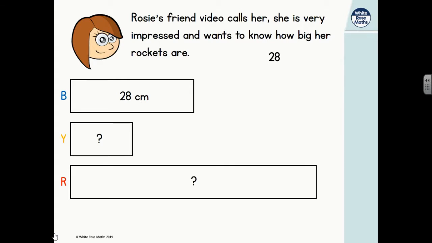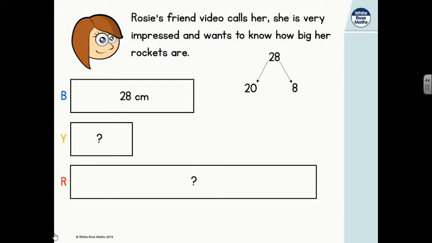But I'm just going to double check it with something called a doubling diamond. The way the doubling diamond works is I partition my 20 and my 8. And then I double each of them.